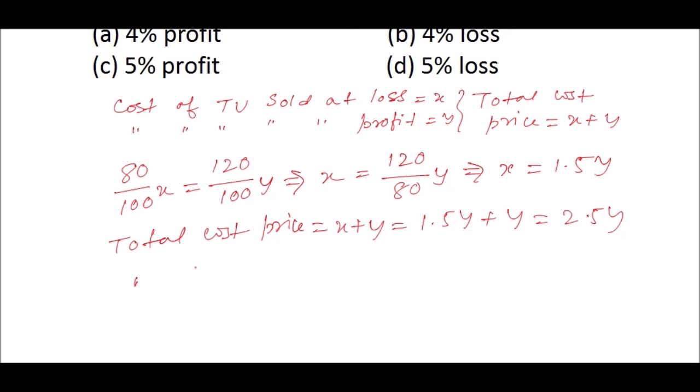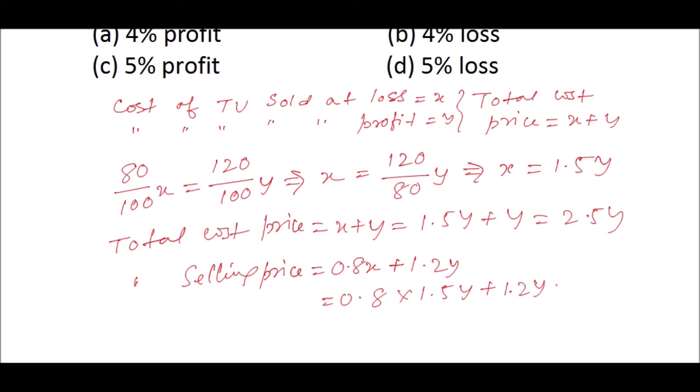Total selling price is how much? One is 0.8X, which is at a loss, and another is 1.2Y, which is at a profit. Now you substitute 0.8X equal to 1.5Y plus 1.2Y, and that is equal to 2.4Y.